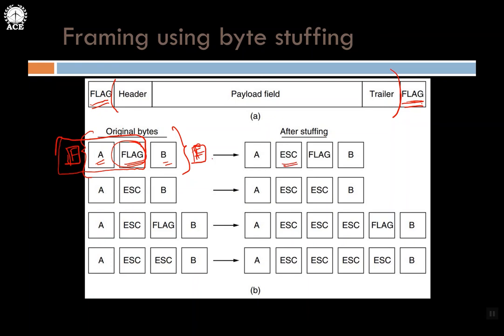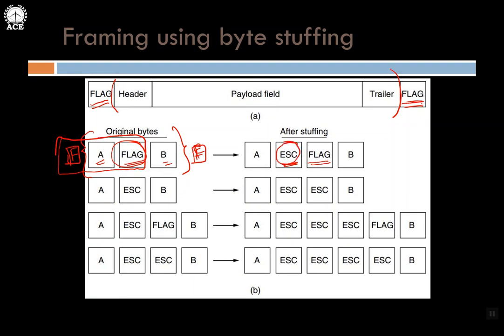In the data, whenever an escape character is encountered and escape is followed by flag, the receiver knows what to do. This is called stuffing the character. We are stuffing this special character escape to indicate that the flag is not the delimiter but is also part of the data. This is called byte stuffing. We are putting this byte.